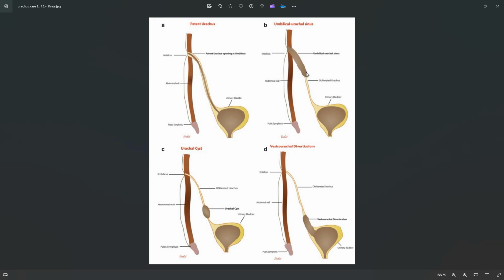Then the case which we saw, an umbilical-urachal sinus, a partially obliterated urachus with a connection to the umbilicus causing umbilical discharge. Another option is a partially cystically dilated urachus somewhere along the way of the embryological urachus, and the fourth option is vesico-urethral diverticulum.